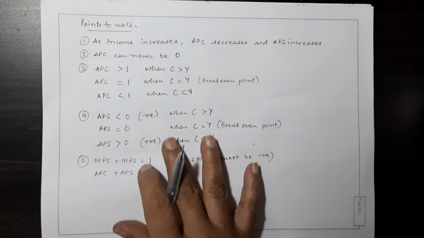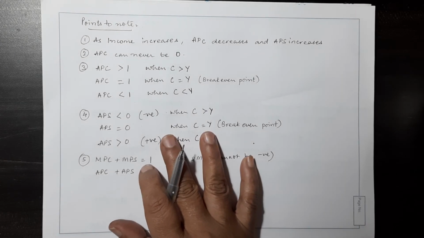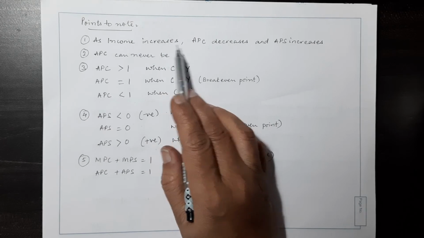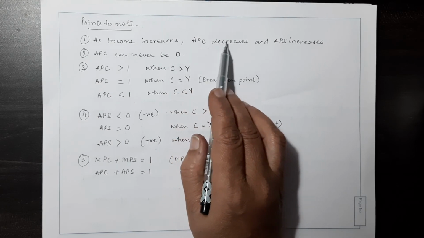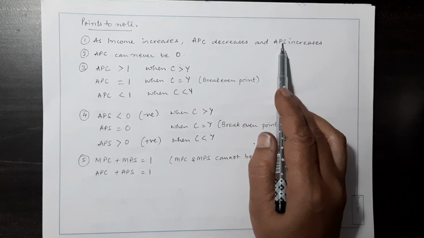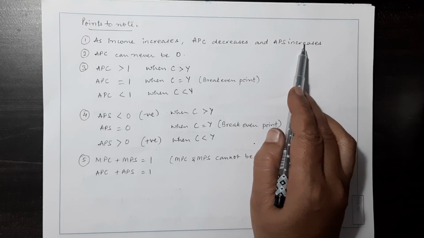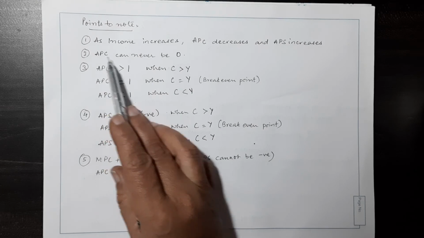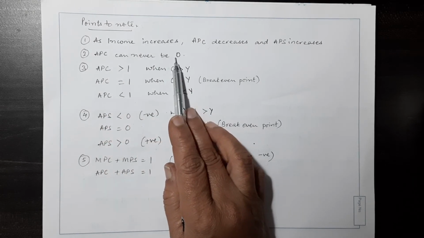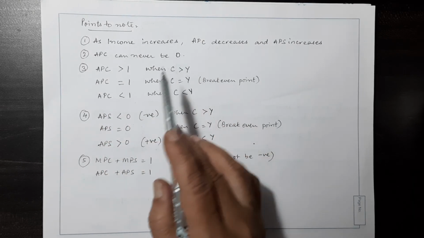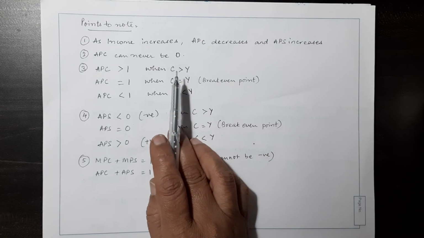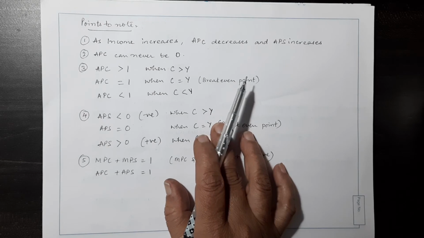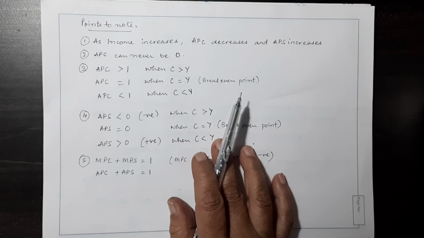Now, the most important points to note for revision are: as income increases, the average propensity to consume decreases and average propensity to save increases. Average propensity to consume, APC, can never be equal to 0. Why? Even at zero income, there has to be a minimum subsistence level of consumption expenditure, which we are calling autonomous consumption.